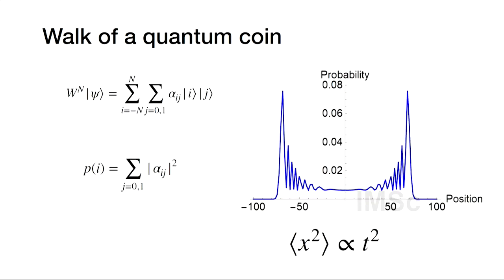And you can do this walk multiple times on a state, and then you calculate the probability of finding the particle. You sum it over all its spin degrees of freedom. I'm calling it spin, the coin degree of freedom, and you can calculate what the probability distribution for this particle is going to be. And it turns out that the variance actually increases as t squared.